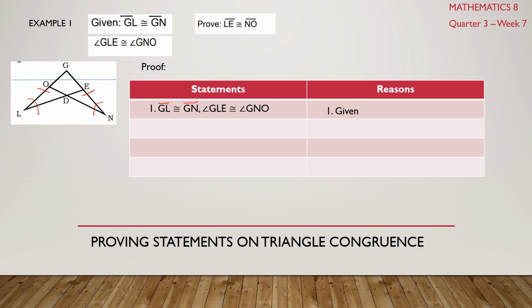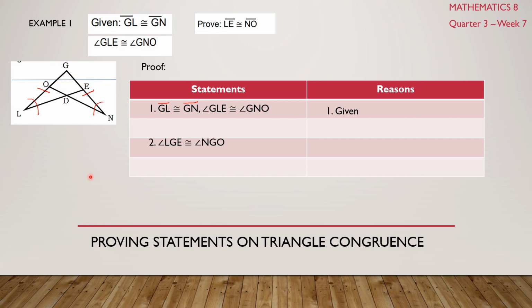Okay, let's go back to this figure. Looking at the figure, you will notice that we can form two triangles: triangle GLE and triangle GNO. Those two triangles share only one angle, or common vertex.